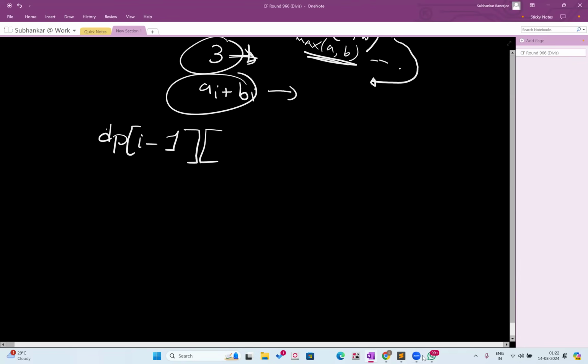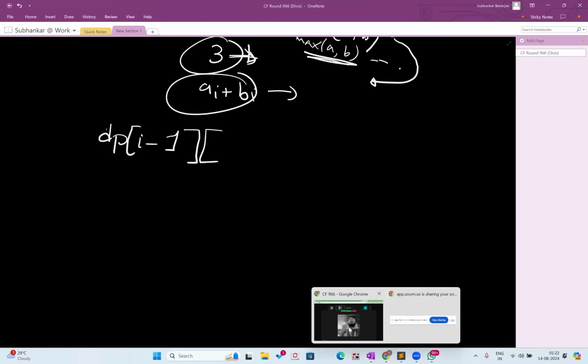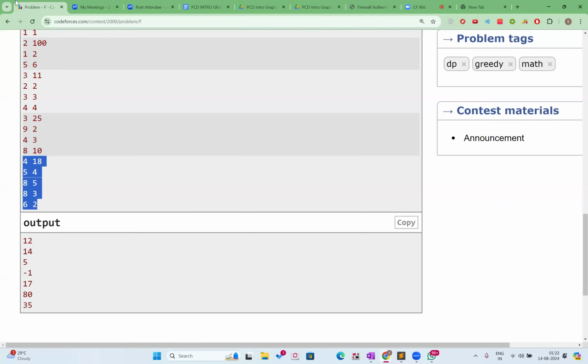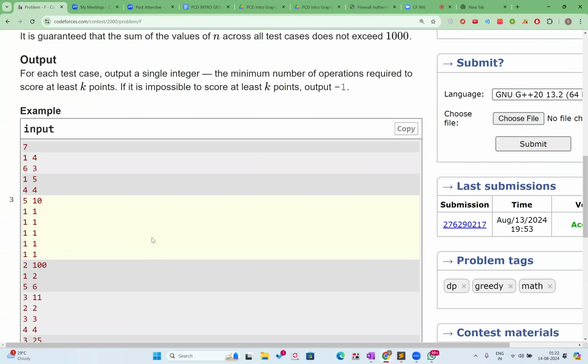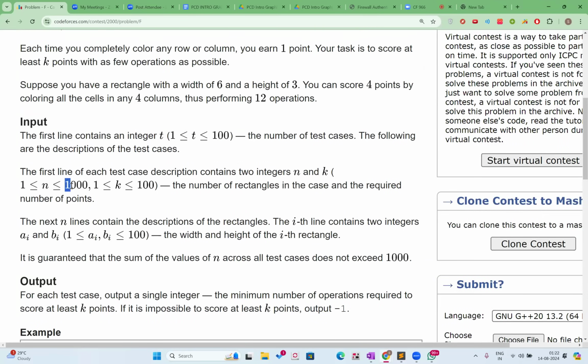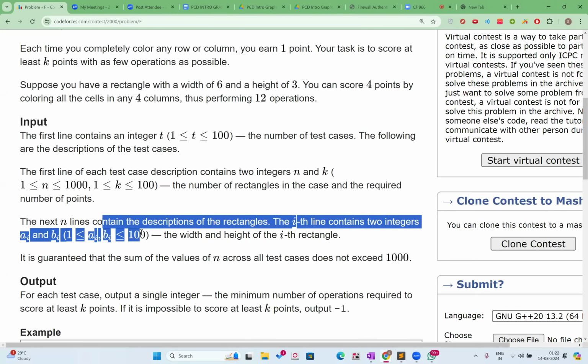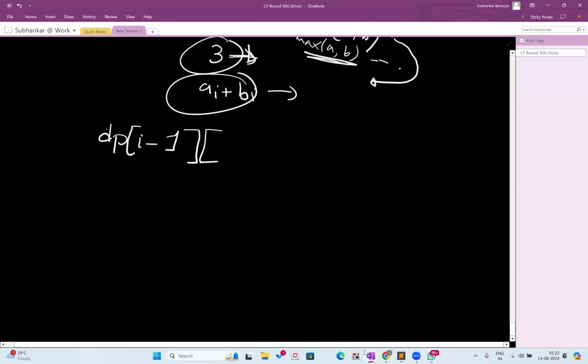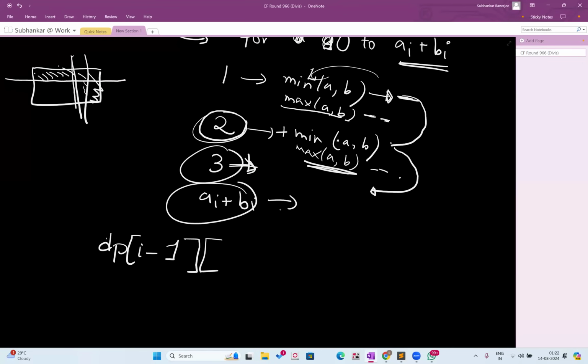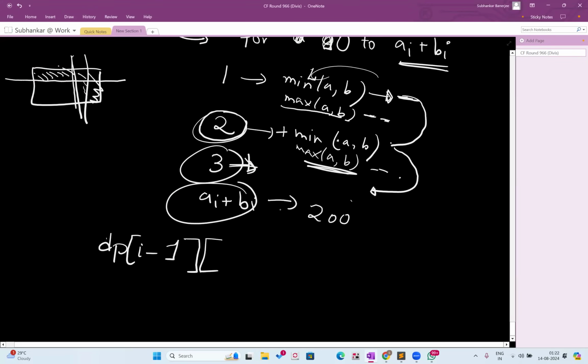Okay, so the important thing is the constraints of this problem. Another thing that I would like to impress upon. Constraints: n is less than or equal to 1000 and k is less than 100. And the dimensions are also less than 100. So ai plus bi will go up to a maximum of 200, right?